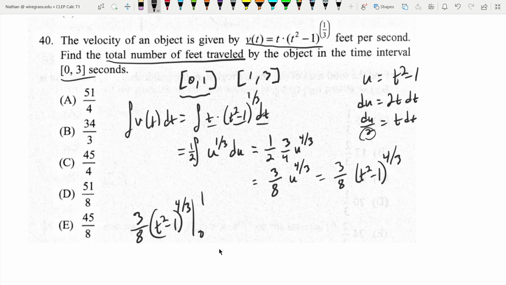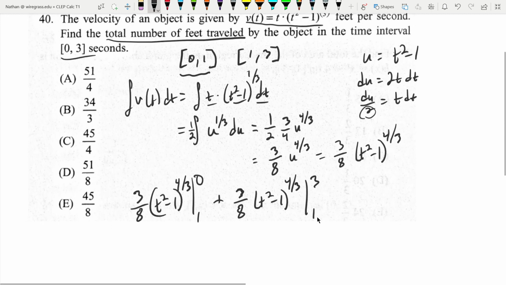So instead, what we could do to make it positive is just flip the bounds, 1 to 0. And then adding this up to 3/8 (t squared minus 1) to the 4/3 from 1 to 3. This is going to be positive. v(t) is positive in this portion, so I don't have to worry about flipping those bounds.